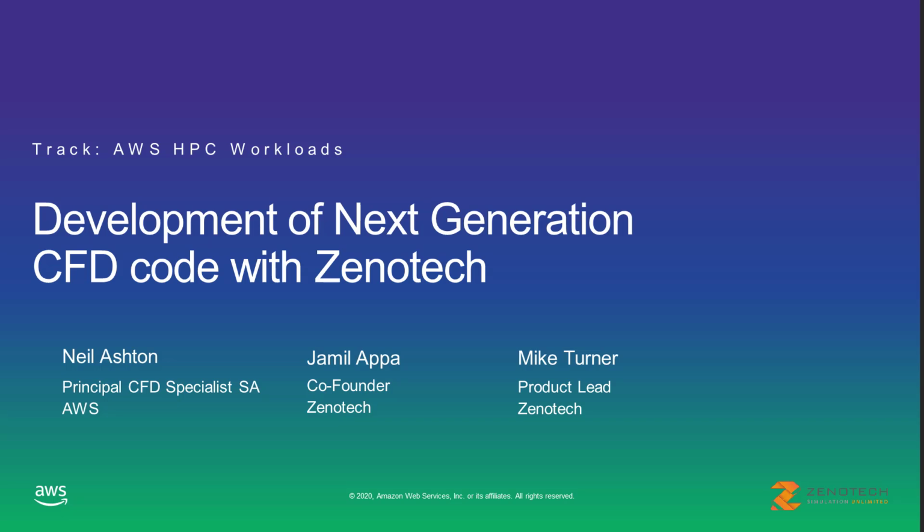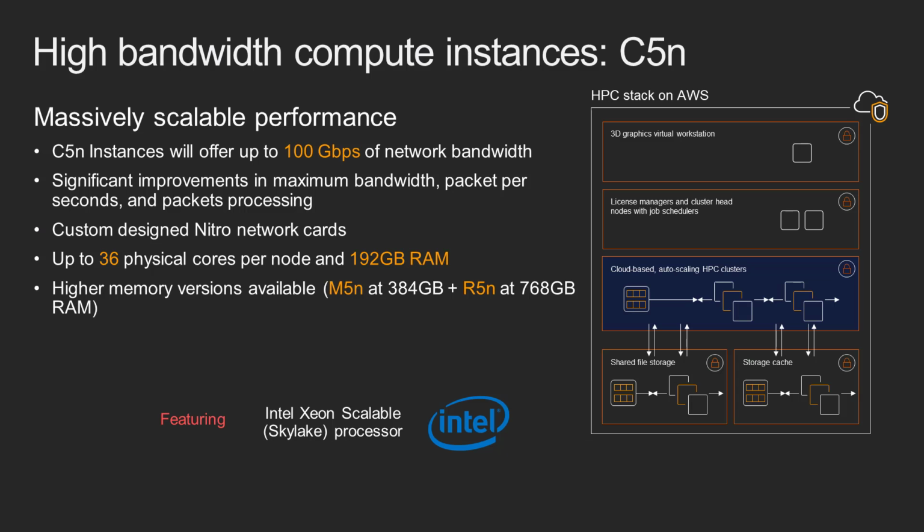Yeah, and maybe we should, for people who are not fully aware of the naming conventions, explain that the C5N 18xlarge is the Intel Skylake, 36 physical cores, I think around 192 gigabytes of RAM, with the networking on the EFA, the Elastic Fabric Adapter, which gives that good interconnect.